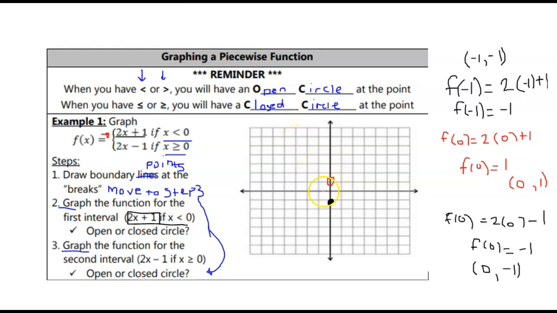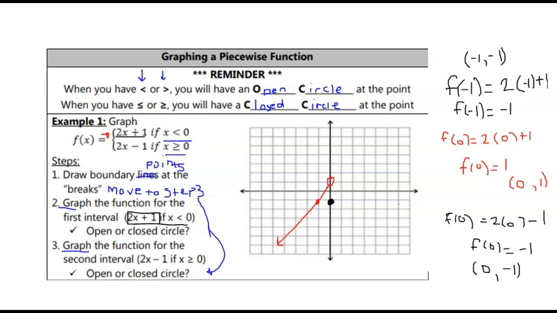Negative 1, negative 1, sorry, is right here, okay? And I'm going to go ahead and plot that line. Now that I have 2 points, I can go ahead and draw the line.